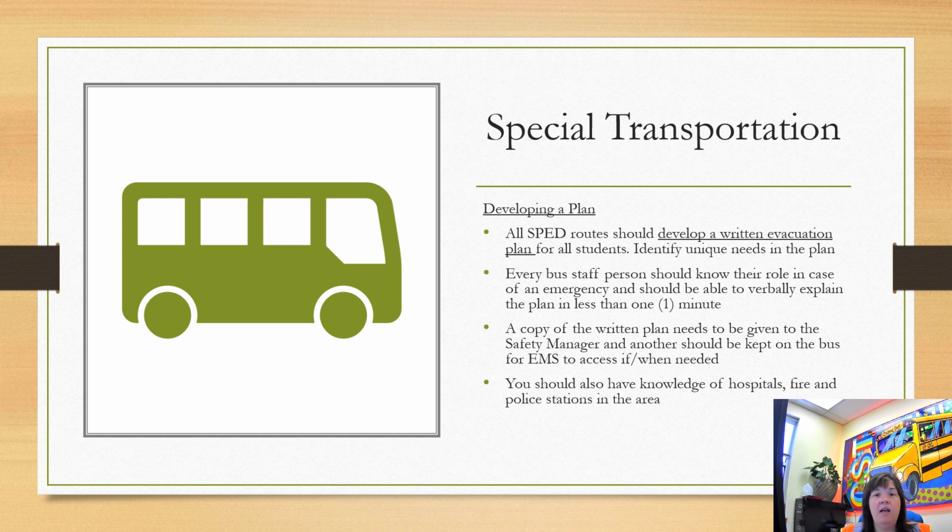You should also have knowledge of any hospital, fire station, or police station on your route. Just know where they are. Just be consciously aware. If on your evacuation plan you want to write out where those are, that would be great knowledge for future use if it's ever needed.